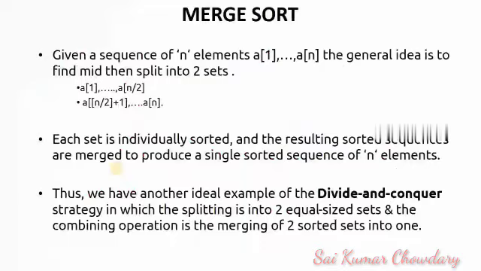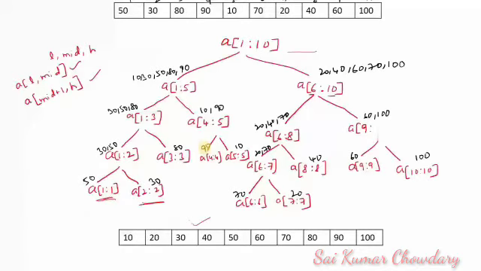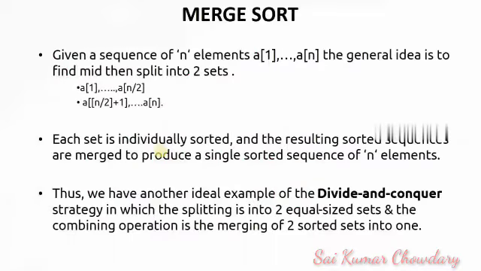Now each set is individually sorted, that I explained. This set is individually sorted, this set is individually sorted, like this, and the resulting sorted sequences are merged to produce a single sorted sequence of n elements.